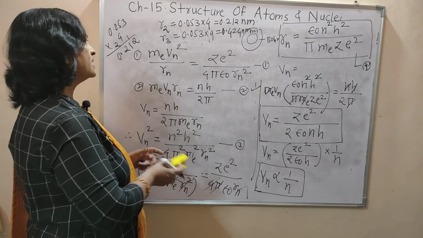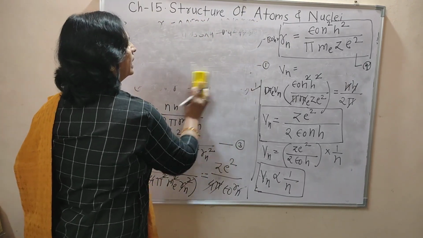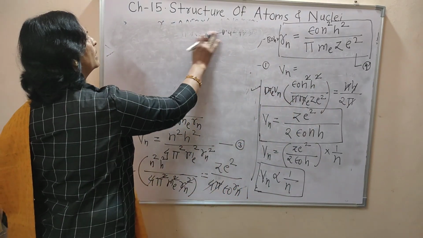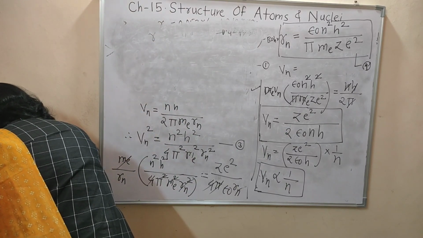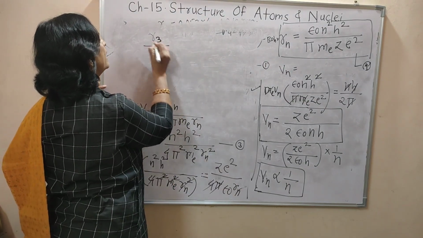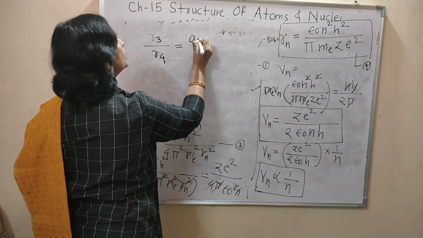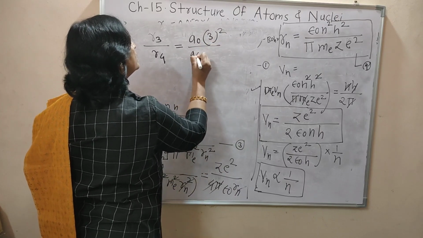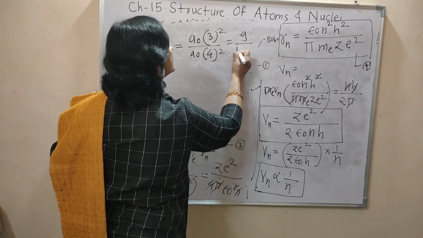Okay. Radius is directly proportional to the square of the principal quantum number. Means if we take the ratio R3 divided by R4, that is A0 into 3 square divided by A0 into 4 square, which is 9 by 16.